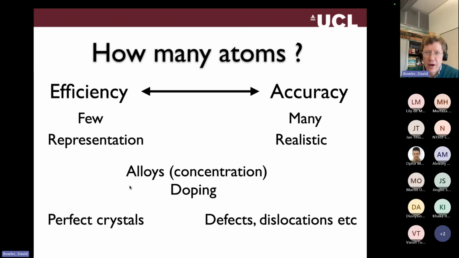Now, when we are going to do a simulation, we have to ask ourselves the question, how many atoms do we use? If we're doing a perfect crystal, something like silicon, then if you've done any kind of solid state or condensed matter physics, you'll know that you can model the structure of silicon with just 2 atoms repeated. But if you're interested in real systems, for instance silicon, which we use to make transistors, to make computers, which we're all using to watch this presentation, in order to make it a functional material, we have to dope it.